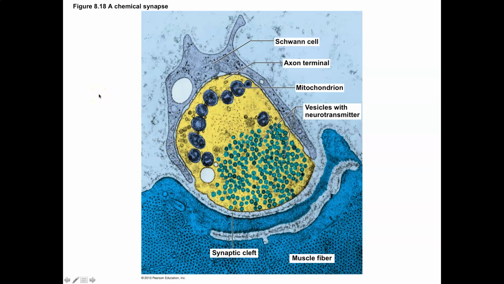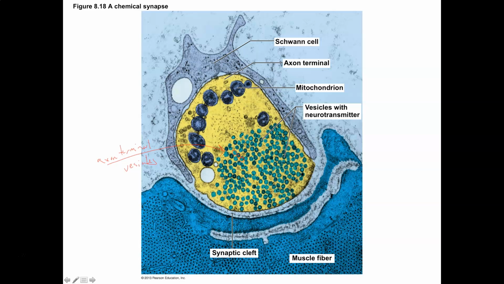So for example, this is an electron micrograph showing you the synaptic vesicles in an axon terminal. So what we're looking at here is an axon terminal, and these are synaptic vesicles. So these are vesicles that we see in the axon terminal, and these vesicles are going to contain neurotransmitter.